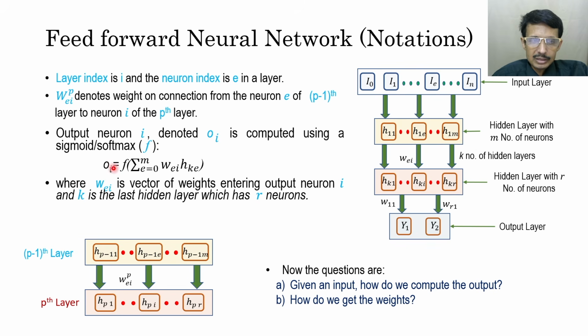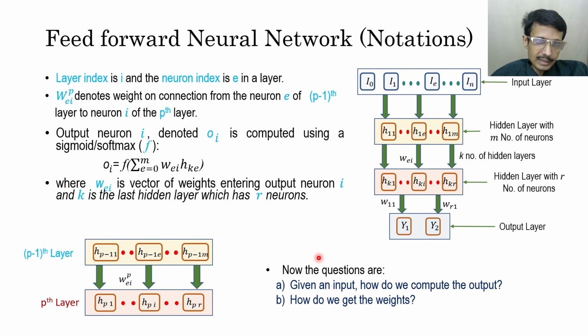So between them, this WEI with superscript P is associated. Here you can see M hidden layers with some number of neurons, and so on. This is the basic setup of a hypothetical feed-forward neural network.